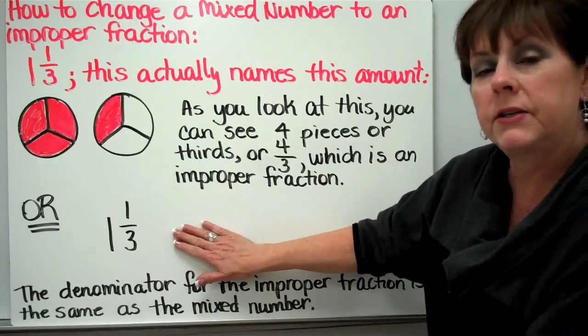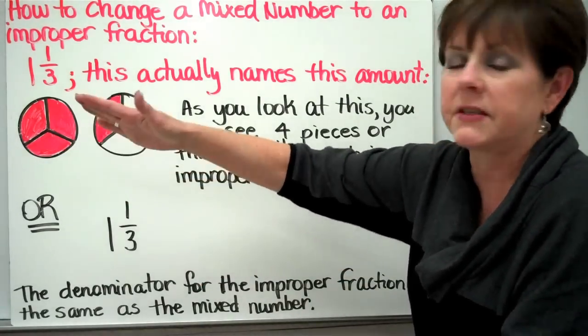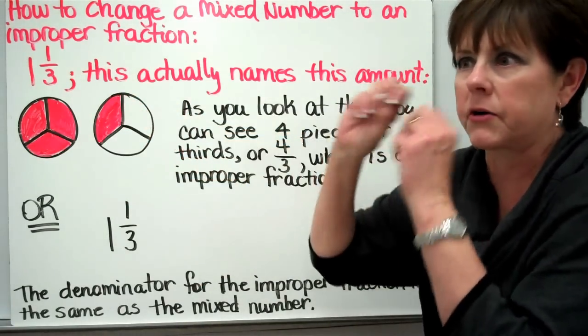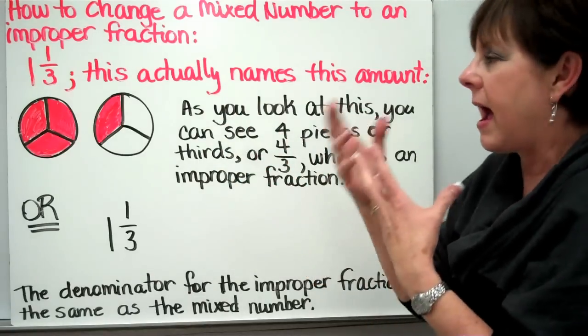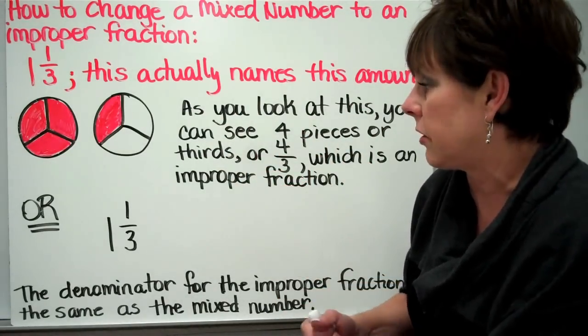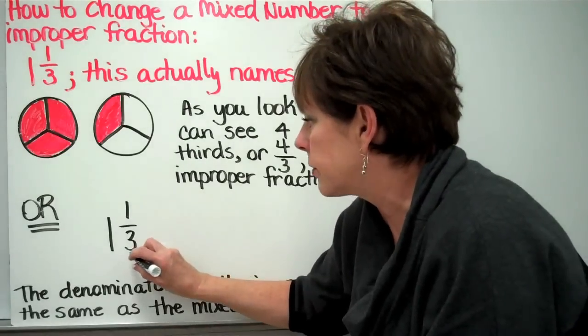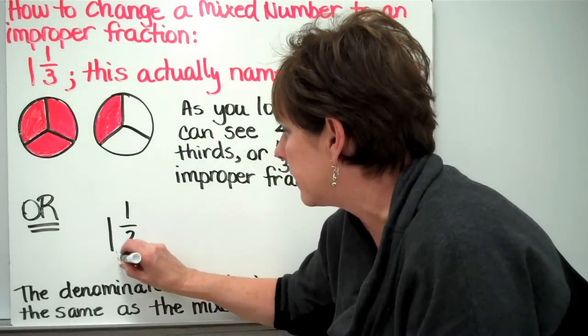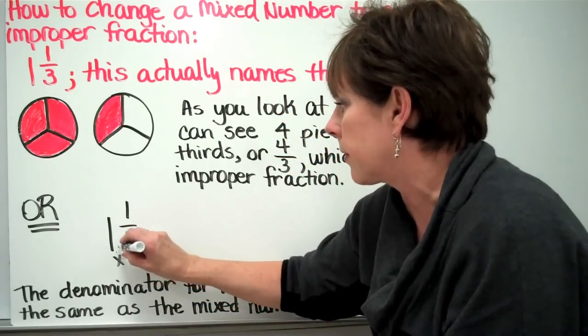Or there is another way to do this. Now some students love to draw fraction bars, pies, pizza, whatever, and show them as fractions, but there is a shortcut, and let me show you how to do that. You take your denominator and you multiply it by your whole number.